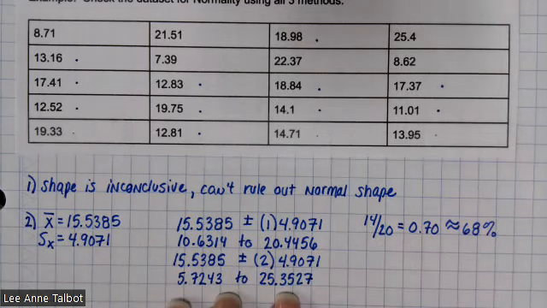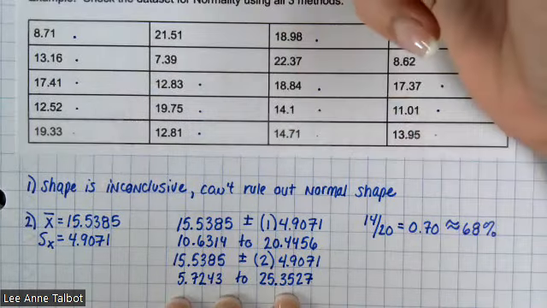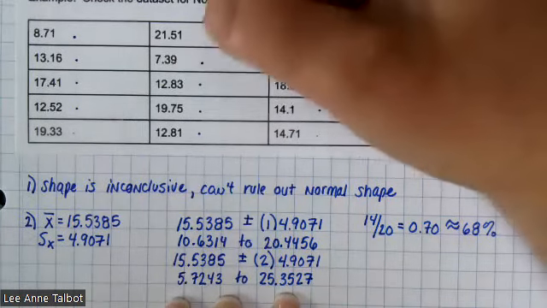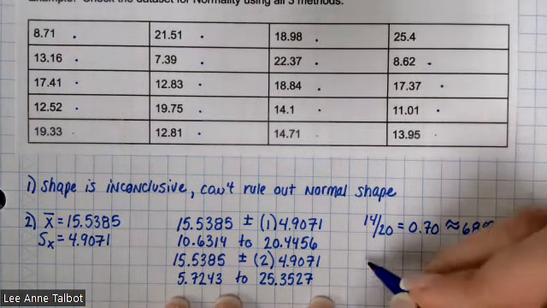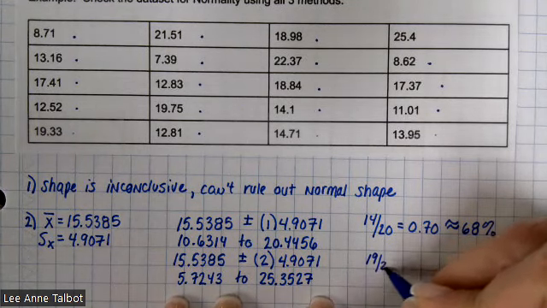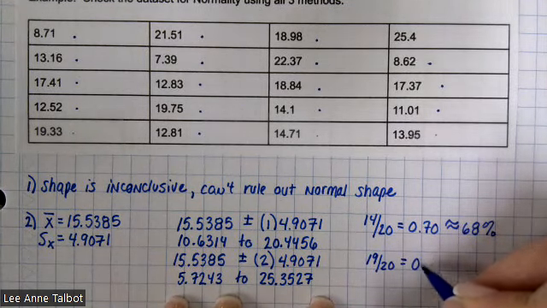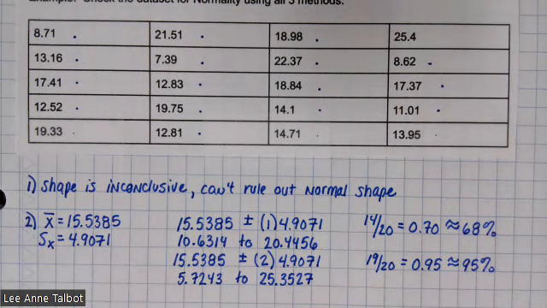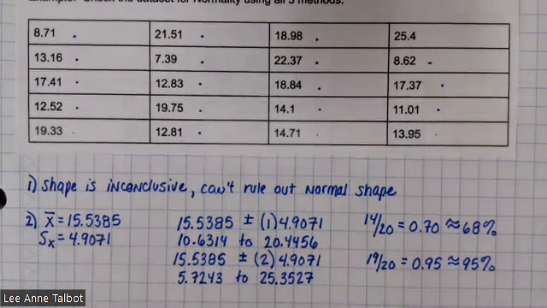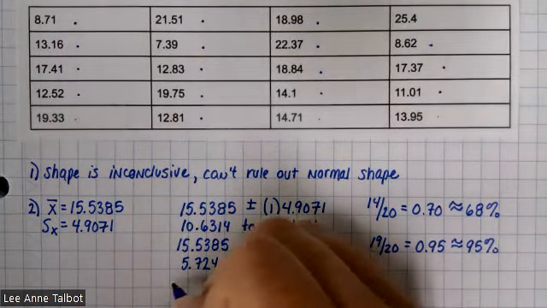So now I just need to see any additional ones. So 15, 16, 17, 18, 19. Okay, is that what we expect? Because it goes 68, 95, and then what? 99.7, beautiful.